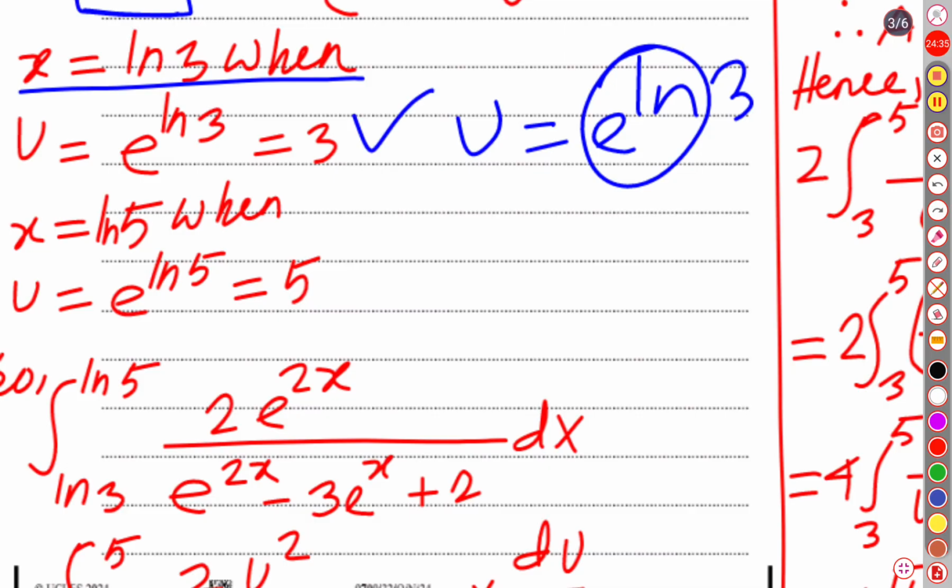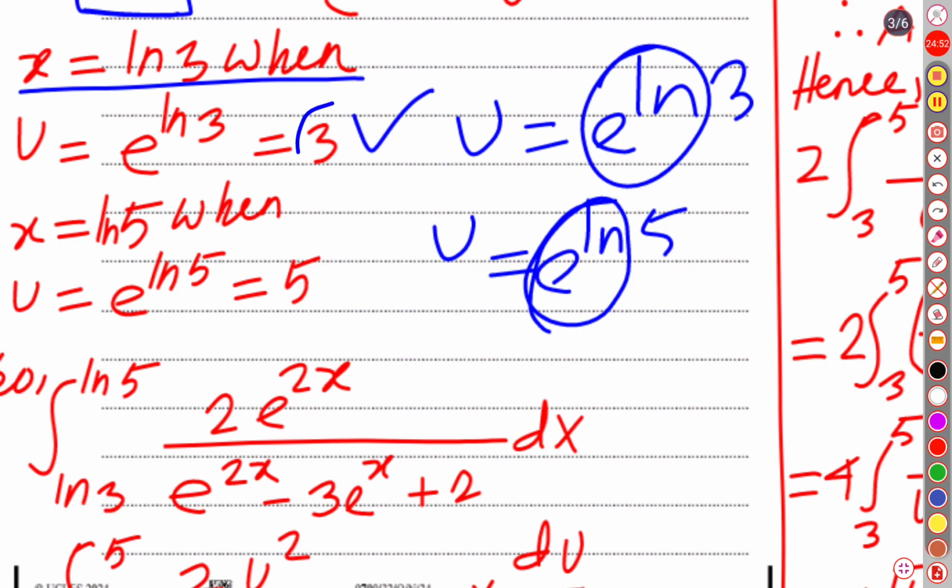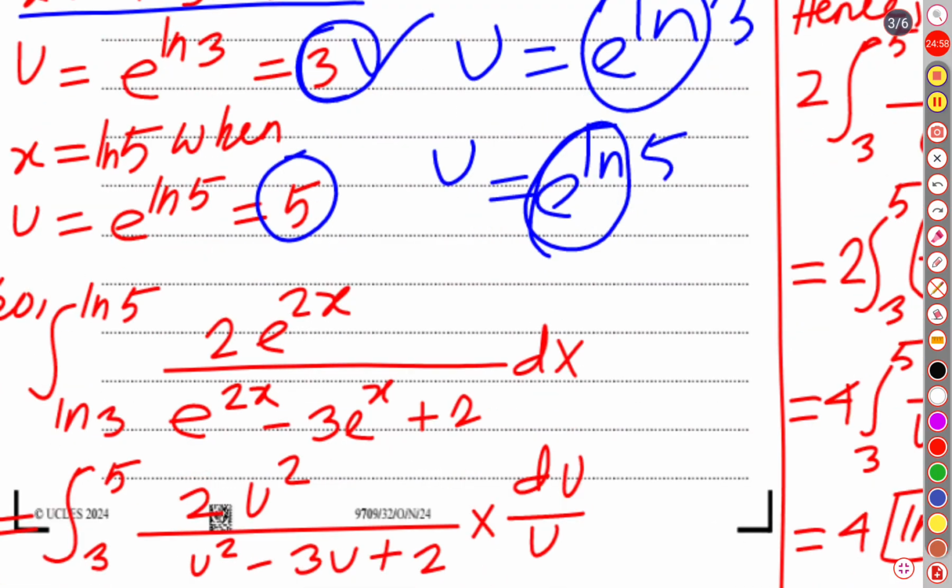Same goes for the upper limit. The upper value was x equal to ln 5. So u will be e raised to ln 5, which means e and ln dissolve each other, equal to 5. So when the lower limit is 3 in terms of u and the upper limit is 5, that's why we have written here: the lower limit is 3.